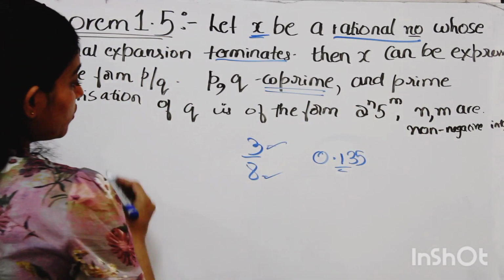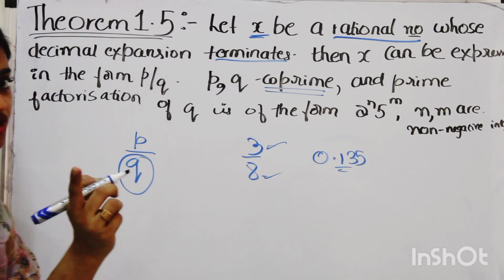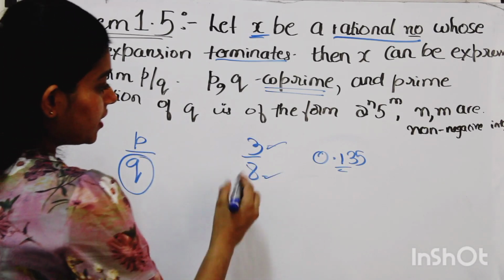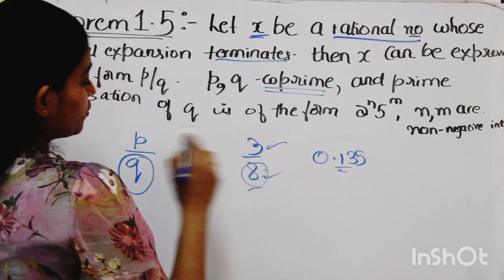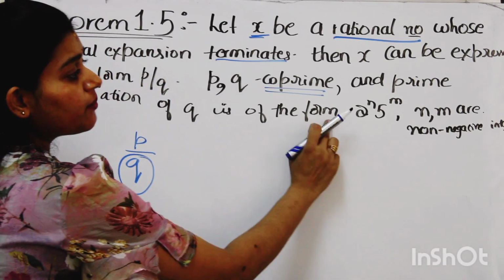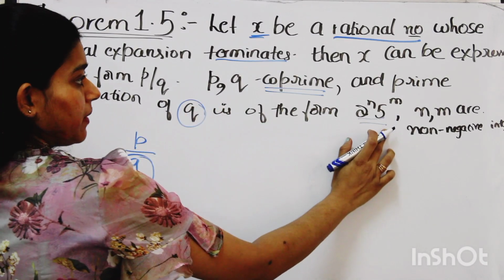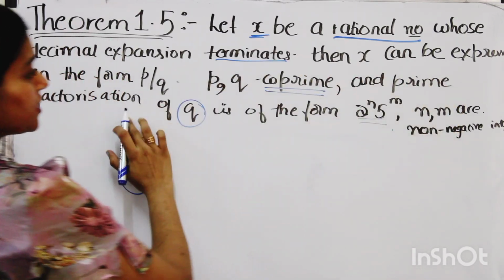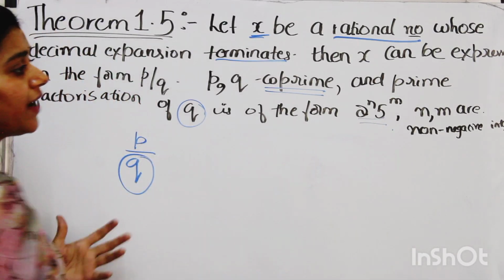So what is q? p by q, in the denominator, the prime factorization. You know how to find prime factorization, like the prime factorization of 8 in 3 by 8. Okay, so the denominator's prime factorization is in the form of 2 to the power n and 5 to the power m.